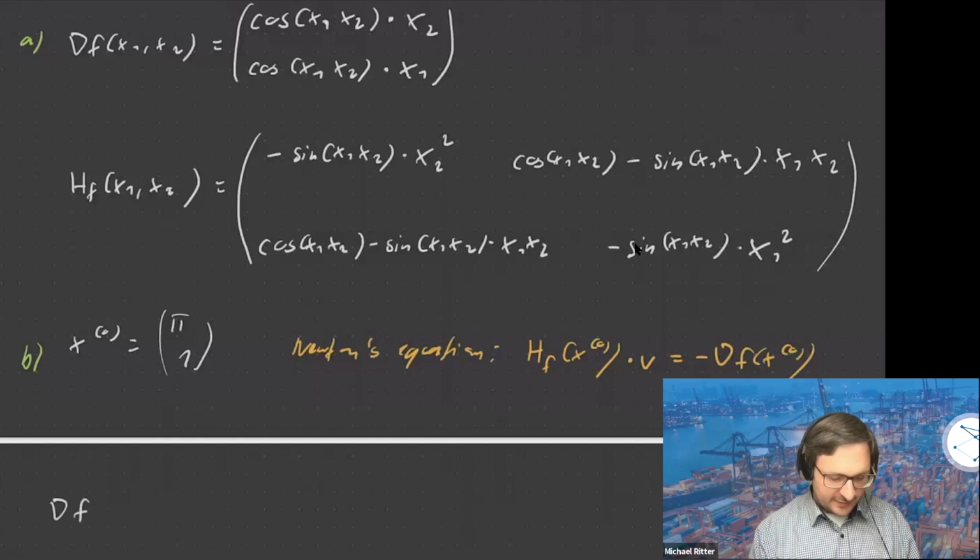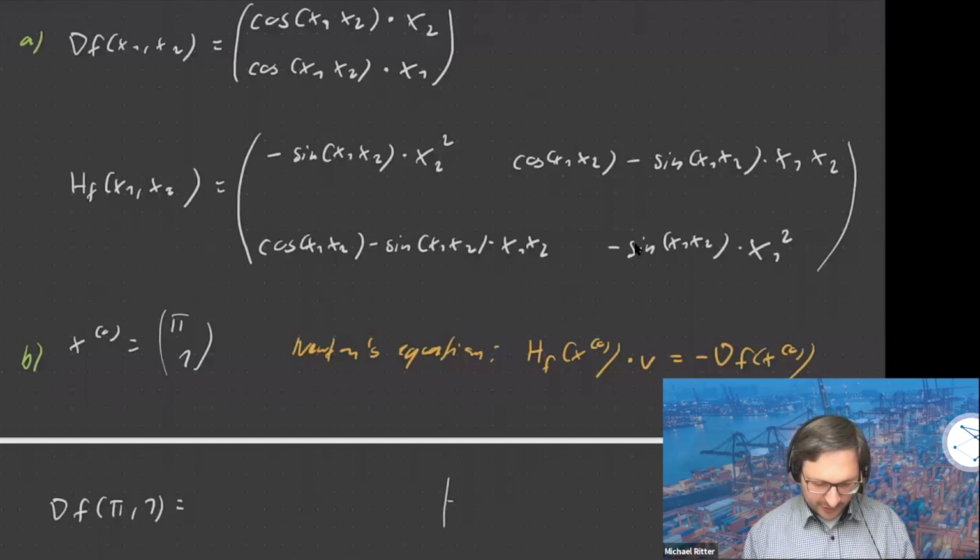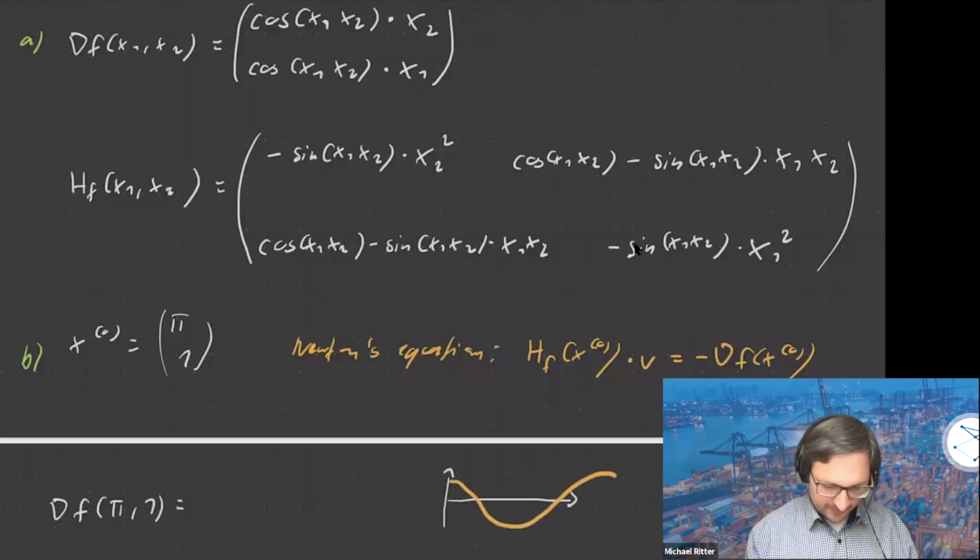Starting with the gradient at pi and 1. So x1 is pi, x2 is 1. So that means x1x2 is pi. So this expression here is pi. The cosine at pi, you will hopefully remember roughly how the cosine looks. Very roughly, the cosine is this function here that starts at 1 here at 0.